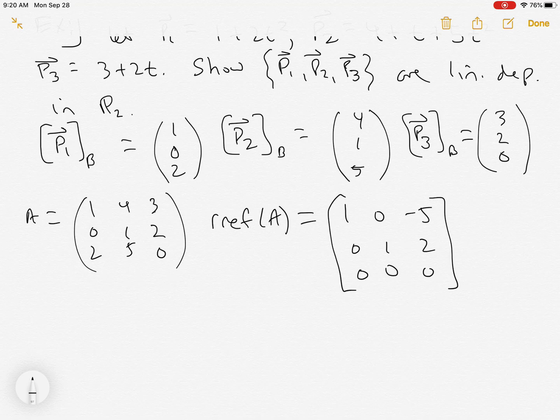And if you read this properly and fiddle around, you get that 3 plus 2t, which is the third column, is a combination of the first two. Because we know the two pivot columns in the original matrix A will give us a basis for the subspace, but not for P2. And the third one is always going to be a linear combination of the first two. So it's going to be minus 5 times the first vector plus 2 times the second vector.